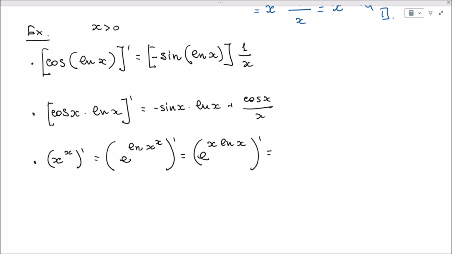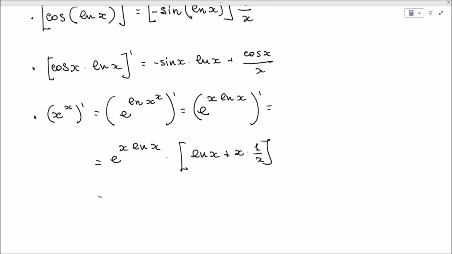This is equal to e to the x logarithm of x times the derivative of the exponent, which is now a product. So we have simply logarithm of x plus 1, because we have x times 1 over x. We can rewrite this as x to the x times 1 plus logarithm of x.